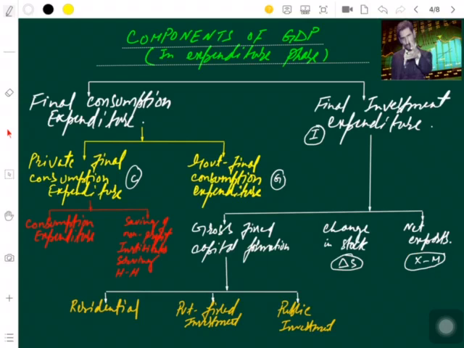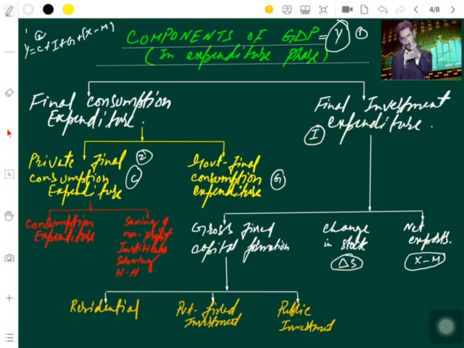Now I think you must be able to correlate all these things from your expression Y is equal to C plus I plus G plus X minus M. You see, your Y is here on top, number 1. Your C is here, number 2.